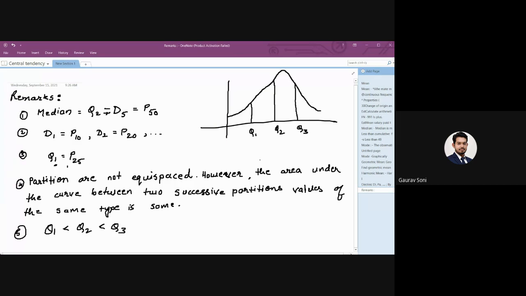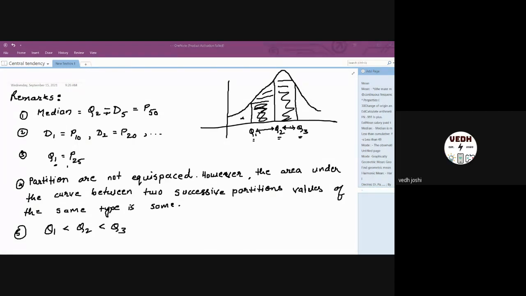The whole area is divided into four parts. Q1, Q2, Q3 are not equispaced. The distance between Q1 and Q2 is going to be greater than the distance between Q2 and Q3. That is what I mean by equispaced. So these are not placed at equal distance, but whatever area you have, this area will be equal to this area.